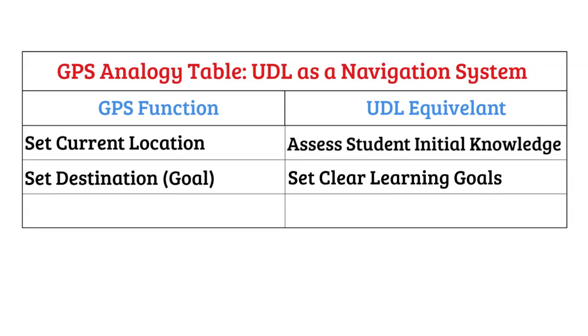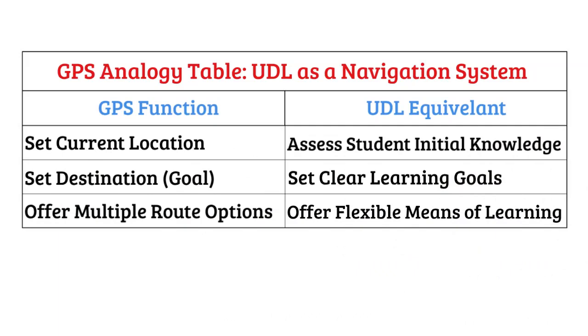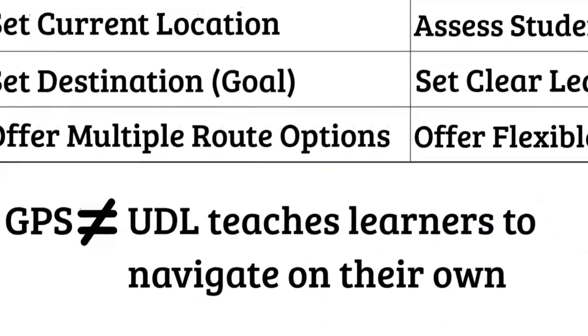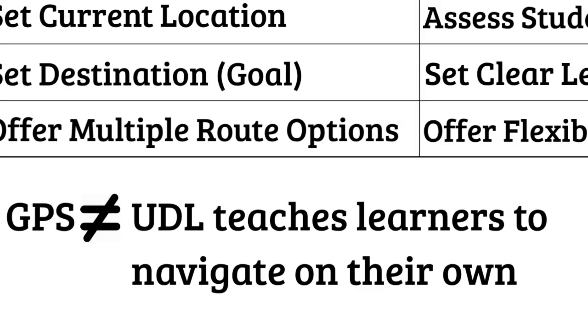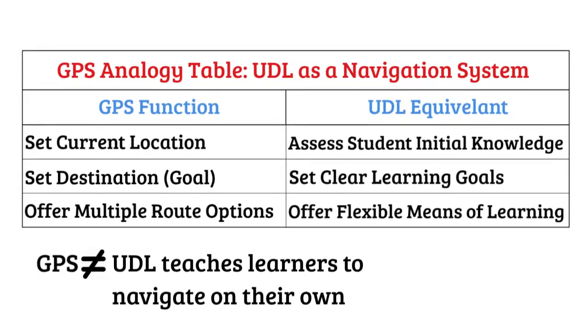Finally, just like a GPS gives different driving routes, UDL offers multiple ways to reach that goal so that every student can move forward. However, UDL goes beyond simply guiding performance by empowering learners to become self-directed, strategic, and motivated, so they eventually no longer need support to succeed, in contrast to the GPS system.